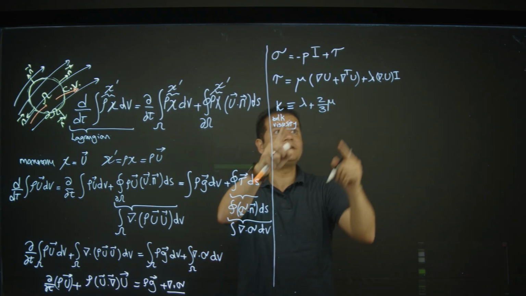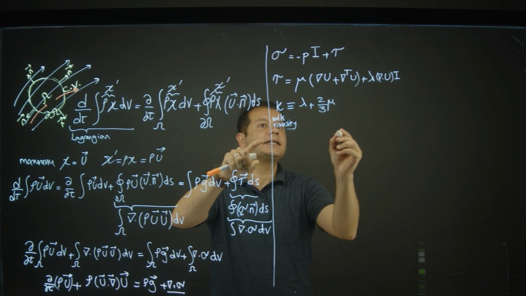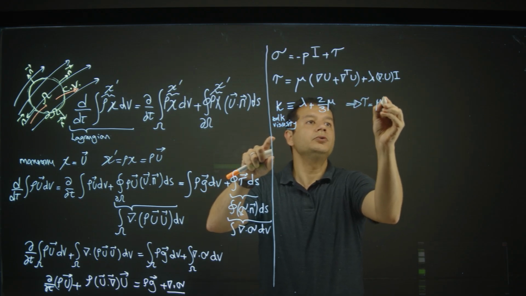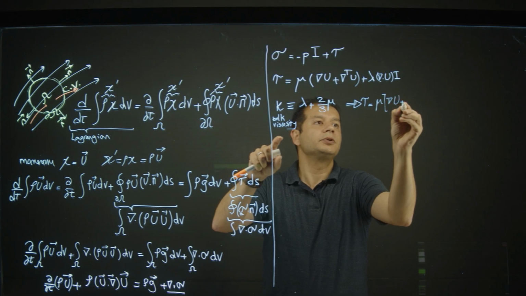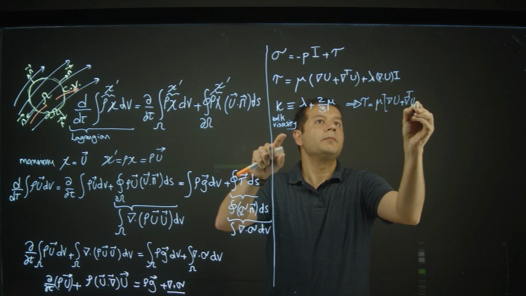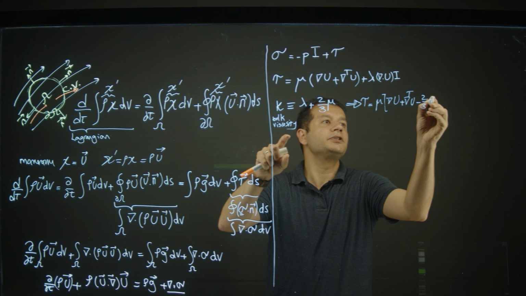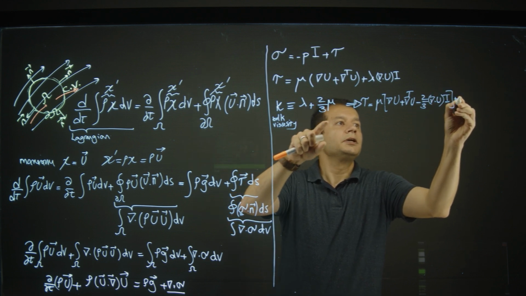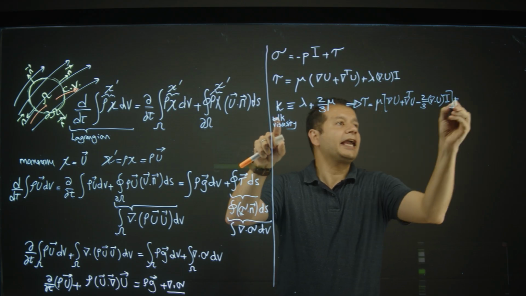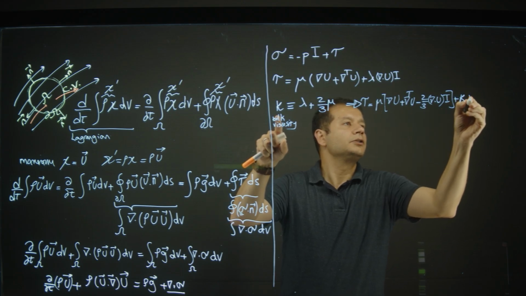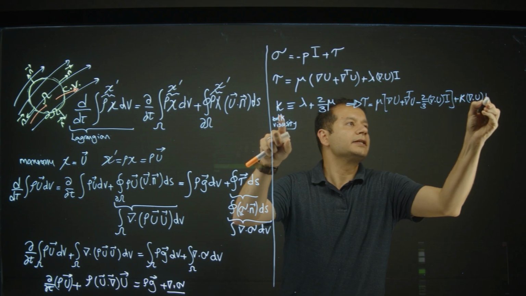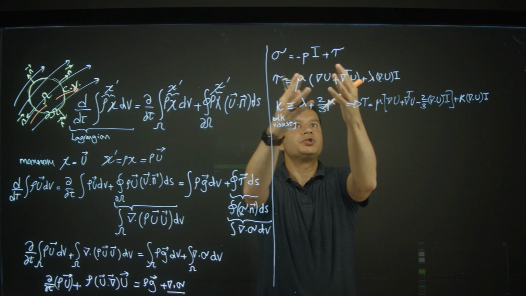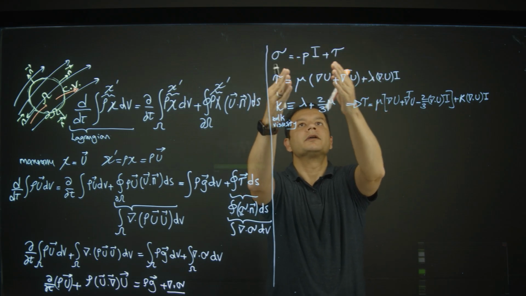And therefore, I can rewrite this equation and say that tau is mu times gradient u plus gradient transpose u minus 2/3 of divergence u times I, plus K divergence u times the identity matrix.